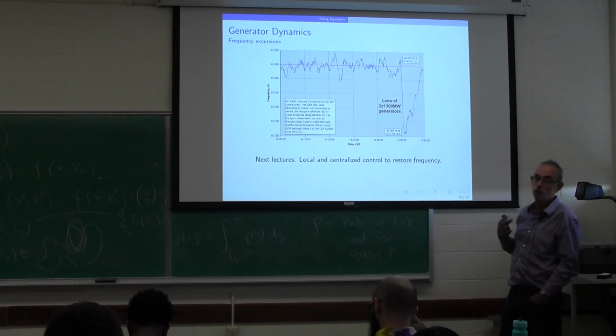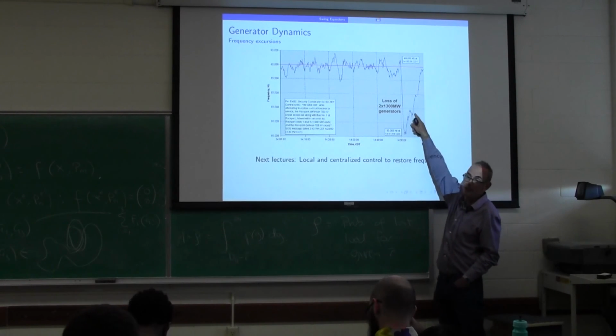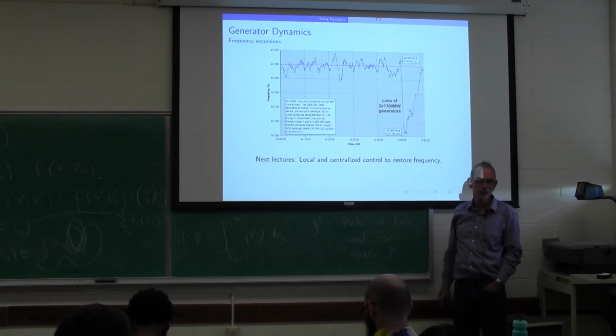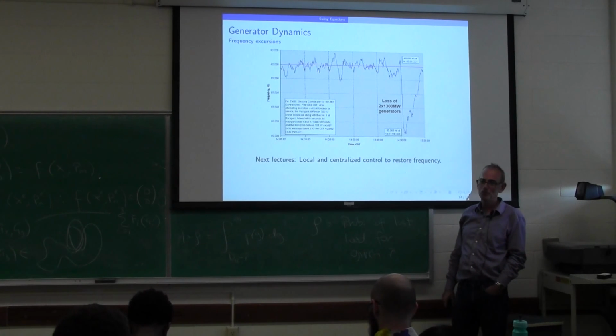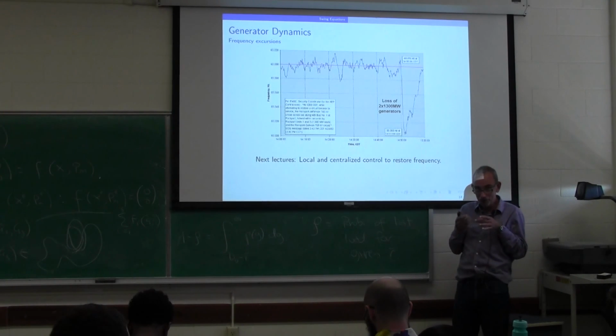After that, so after the inertia, there's actually governor response, which we'll be talking about. And then this is something completely different. This restoration is layers and layers of control. So initially there's local, completely distributed control. There's the natural behavior of the system, inertia, and there's local governors that look at local measurements and do things.